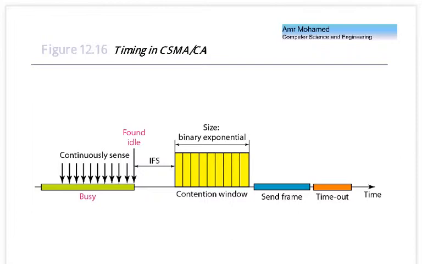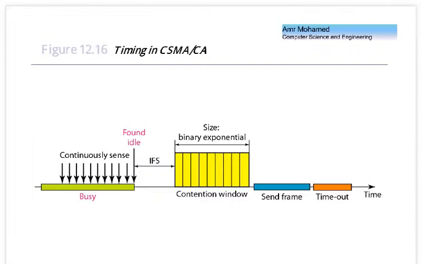So we talked last time about CSMA/CA, or carrier sense multiple access with collision avoidance, and we said that because we cannot detect collision in the case of wireless, we have to do some stages in order to avoid collision because we cannot detect it.